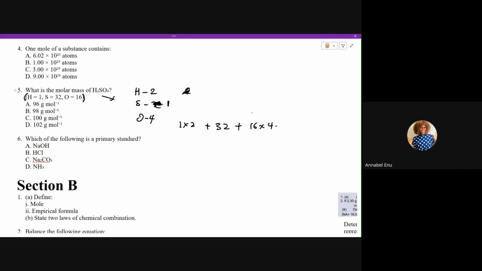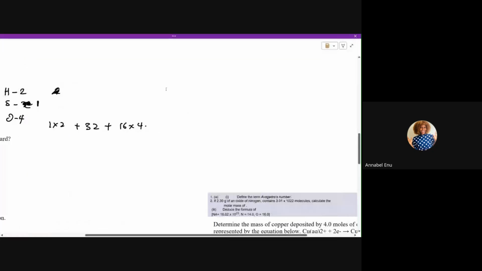When we add all of this together, that's 98, which is option B. So what if we have something like this?